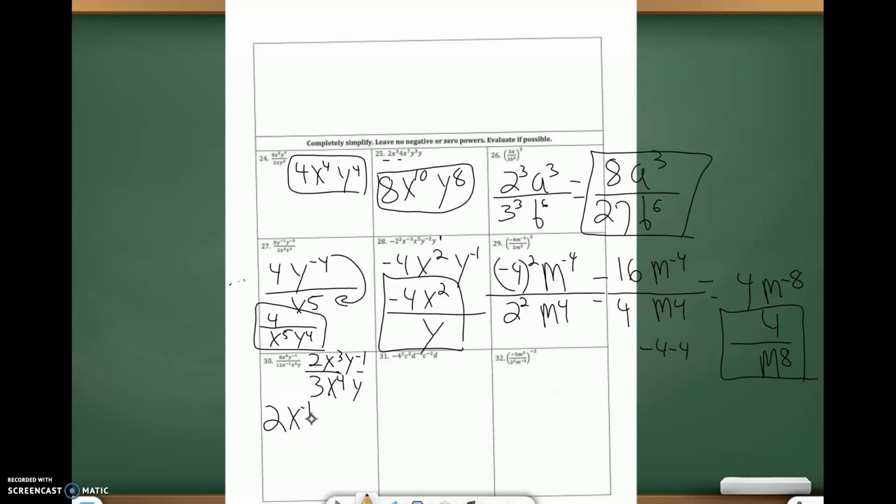And then -1. And y would be y -2, right? Uh-oh. Over 3. Get rid of those negative ones. So actually you're only going to have the 2 on top now, right? Your x1 goes on the bottom. Your y squared goes on the bottom. Okay?